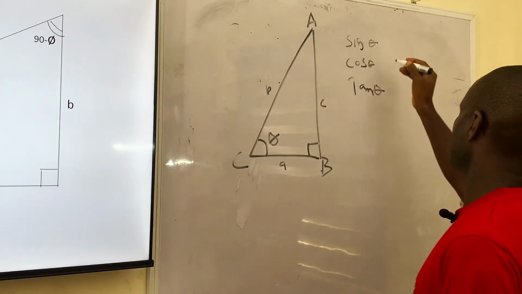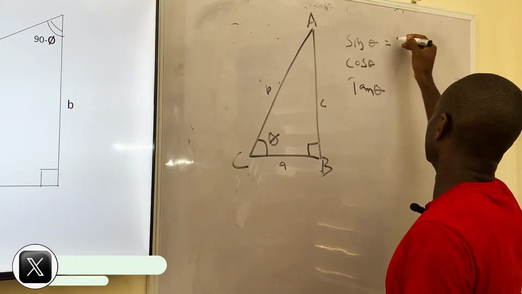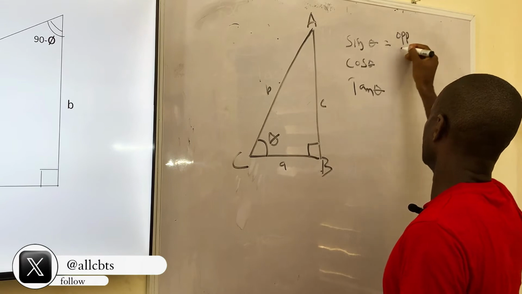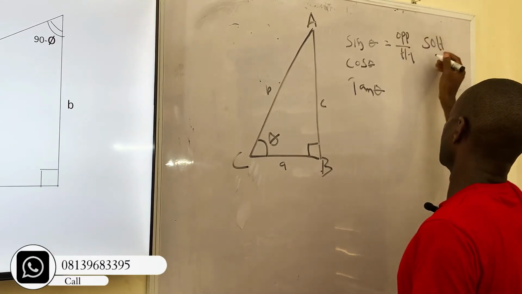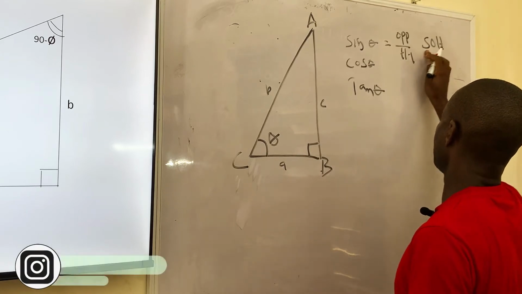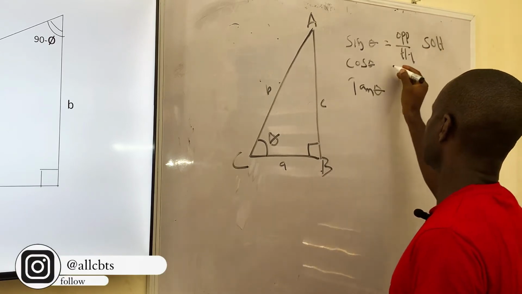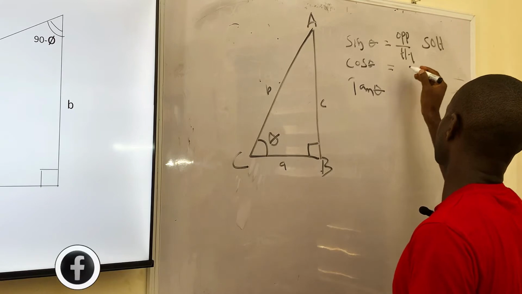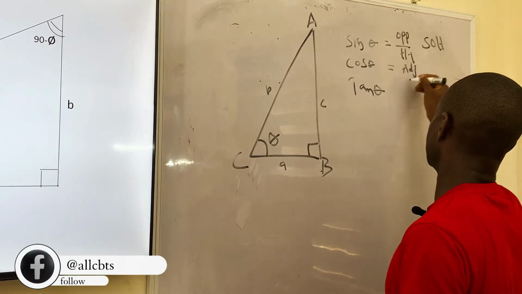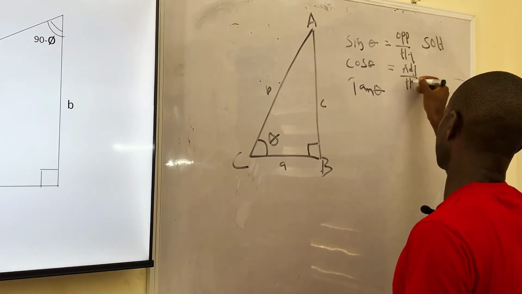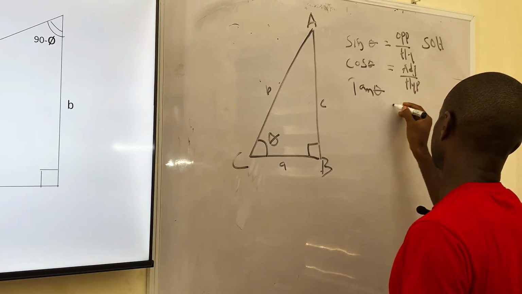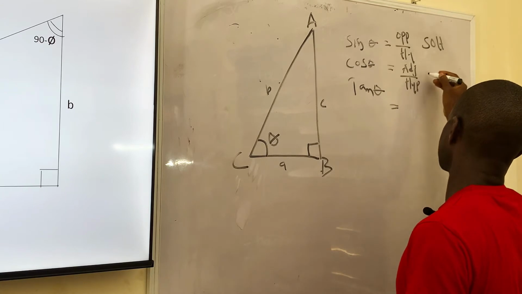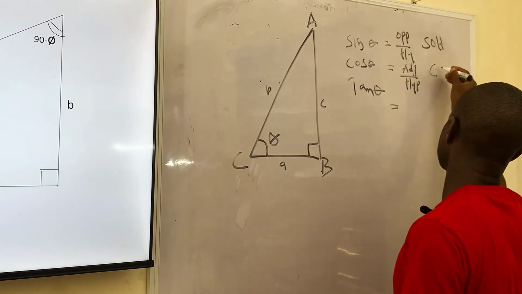Sine means opposite over hypotenuse, which is SOH. Then cos theta is adjacent over hypotenuse, that's CAH.